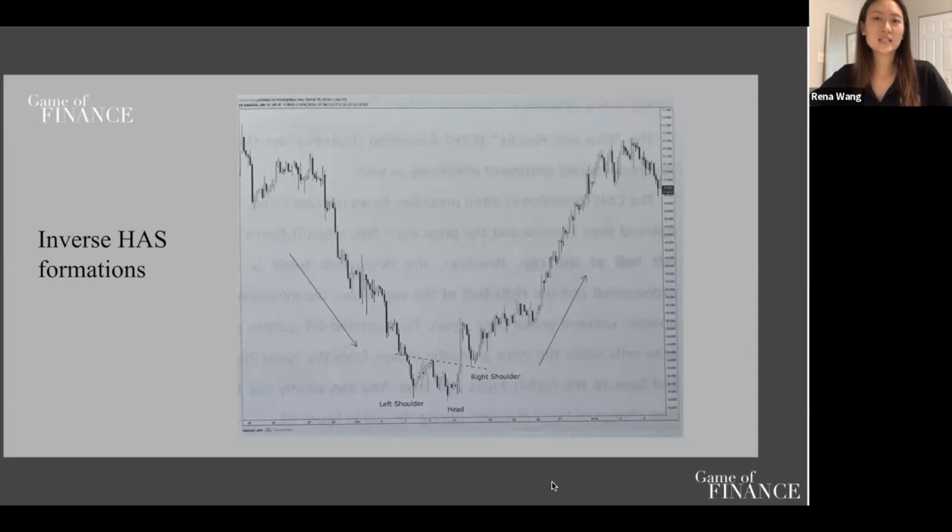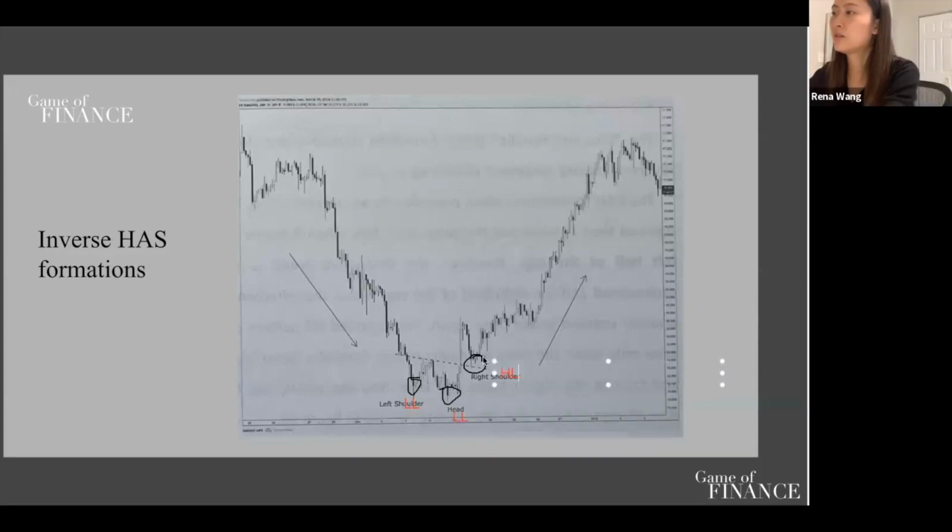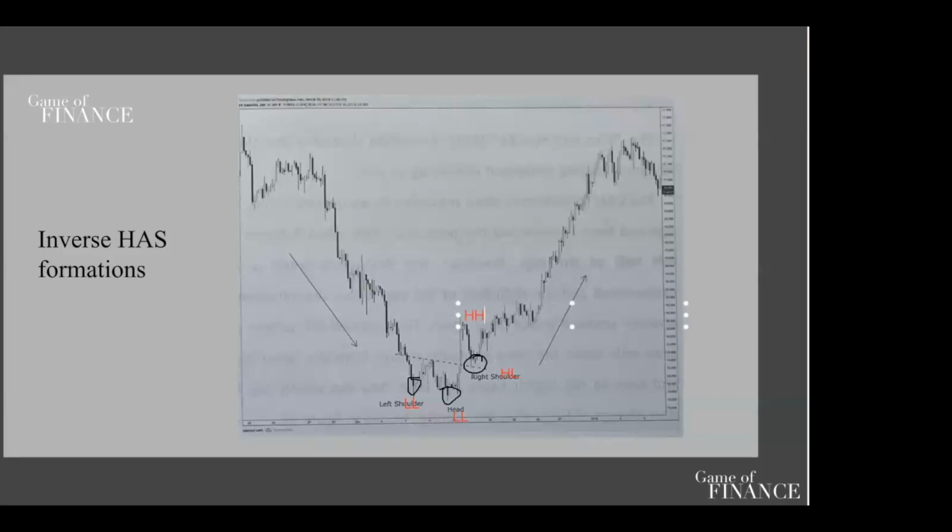The right shoulder is the first higher low. So this is a lower low, right? This is a higher low. I'll just type it so you guys can take notes. Lower low, lower low, and then higher low, higher high. This just confirms the trend reversal.